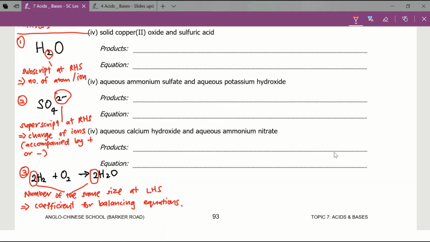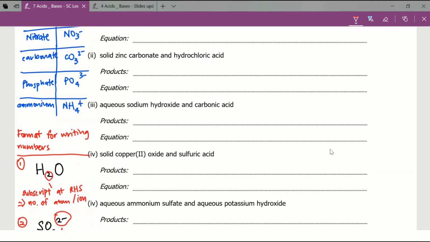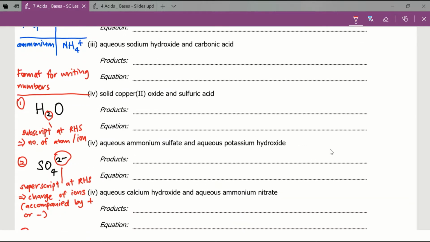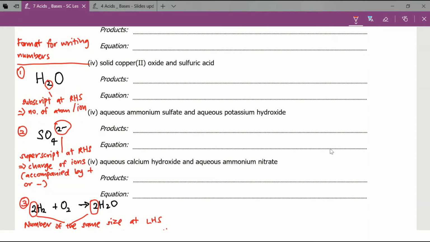I'm going to go through some things first before we start with the questions, because these were common mistakes that I saw from your writing balanced equations exercise previously. So please do write down all this into your book, and it is a good recap as well.